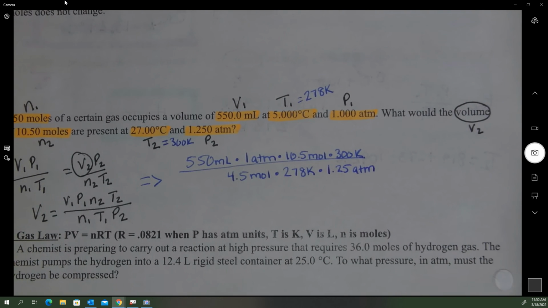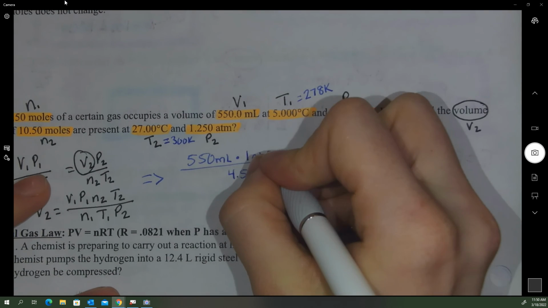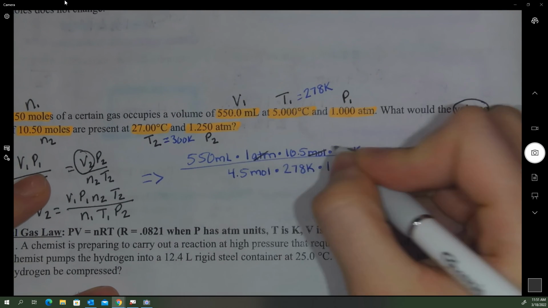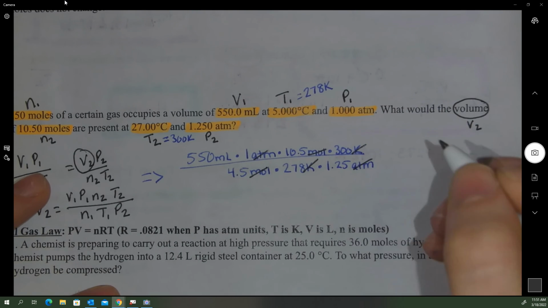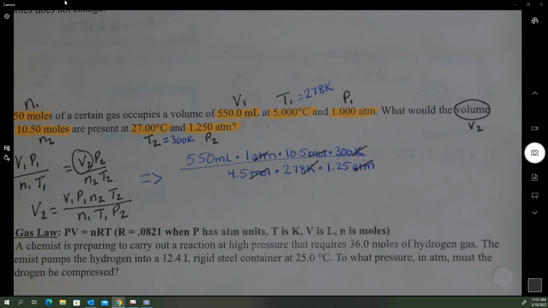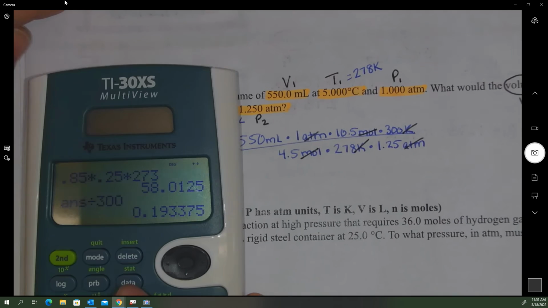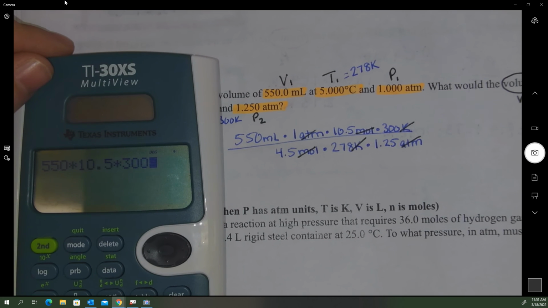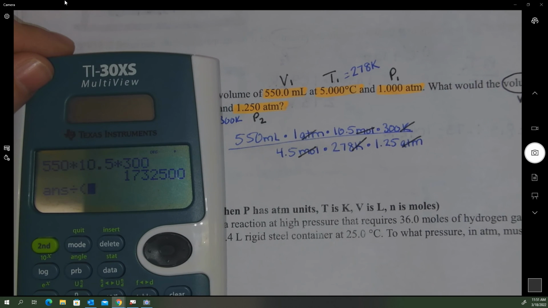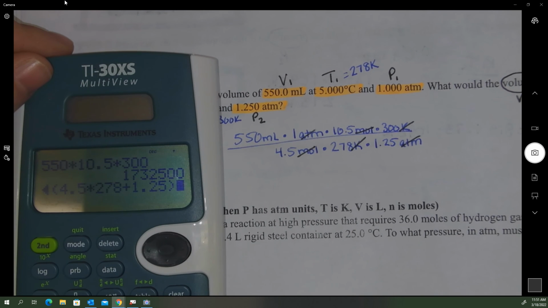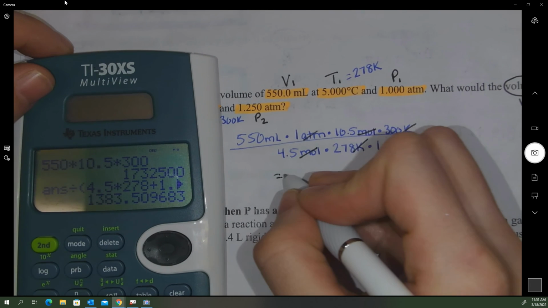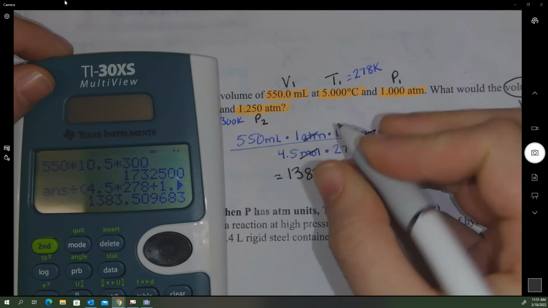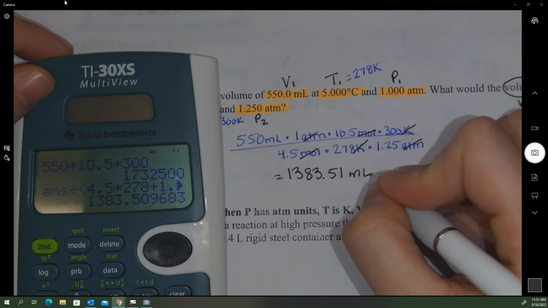We're going to cancel out like units, so atm cancels out, moles cancel out, and Kelvin cancels out, leaving us with milliliters. The last step is plugging this into our calculator. So 550 times 10.5 times 300 divided by 4.5 times 278 times 1.25 gives us a final answer of 1383.51, and your unit is going to be milliliters.